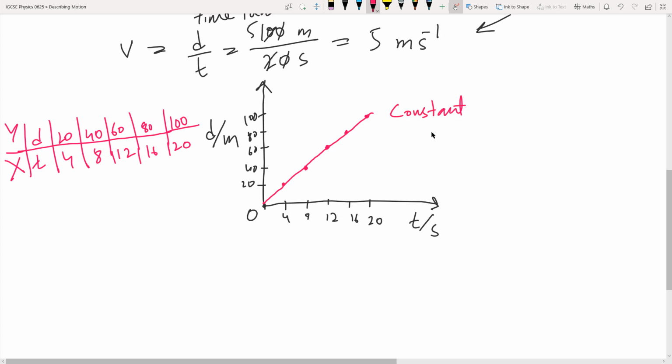Now this straight line represents constant speed. Why? Because of the gradient. And what is gradient? Now let me just define. The gradient is y over x, or you can say the change in y, delta y over delta x, right?